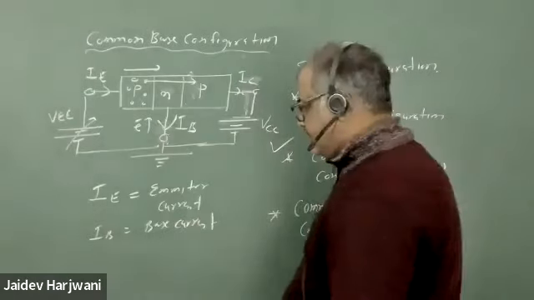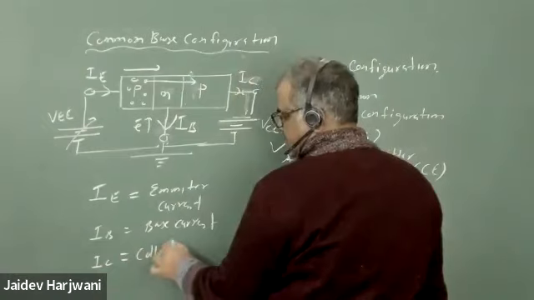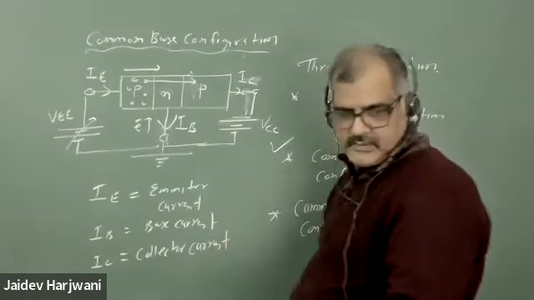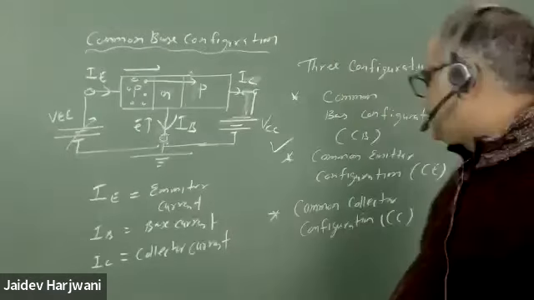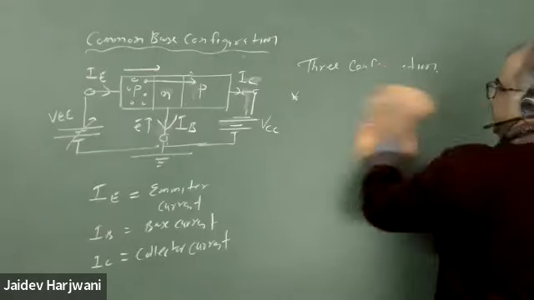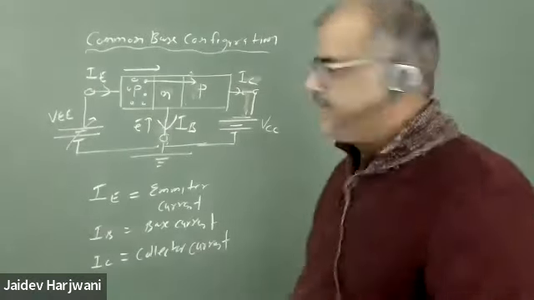And IC is your collector current. Now let us understand how these currents are related.